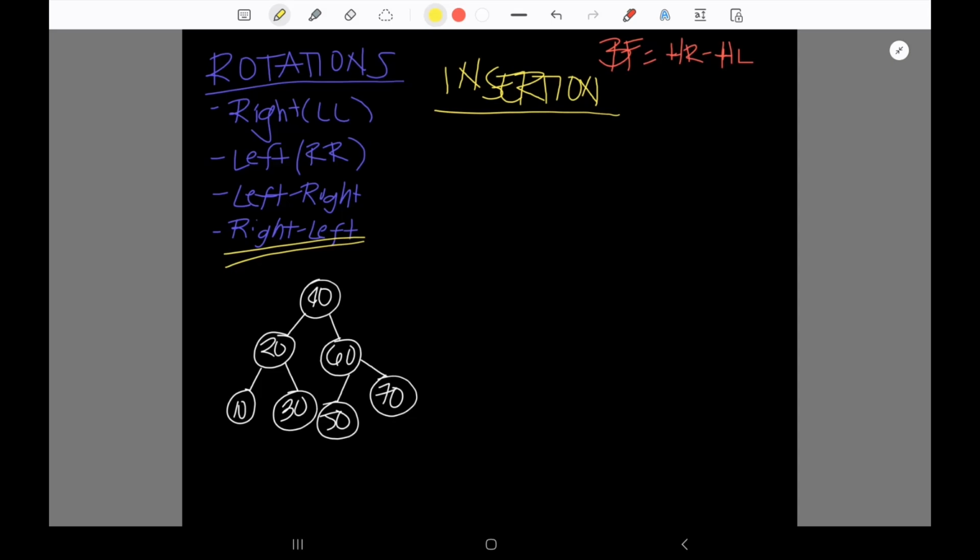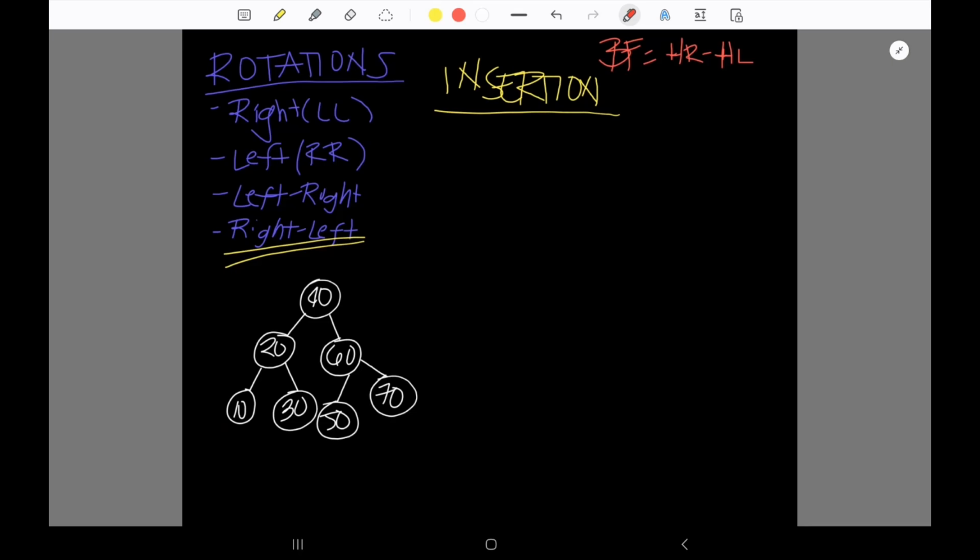Now we're gonna apply insertion on a right left. We're gonna apply insertion on a balanced tree, and let's see what rotation we're gonna do.